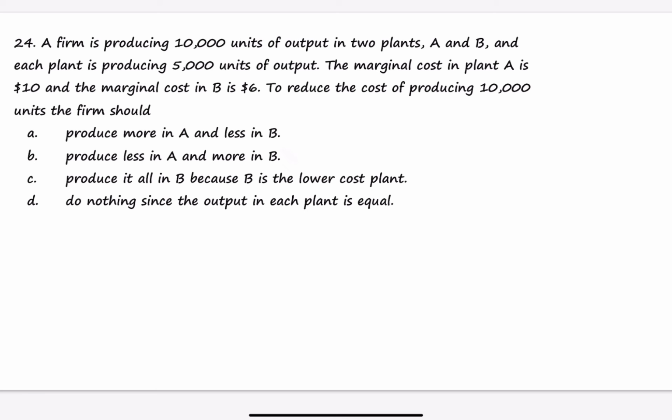A firm is producing 10,000 units of output in two plants, A and B, and each plant is producing 5,000 units of output. The marginal cost in plant A is $10 and the marginal cost in plant B is $6.